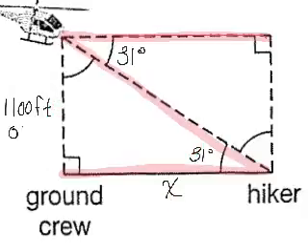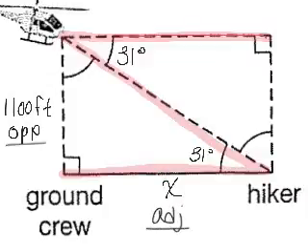So this is our opposite. Here we have 31 degrees, and the side right beside it is the X. So this is our adjacent. Because we have opposite and adjacent, we're going to be using tangent, because remember, tangent is opposite over adjacent.